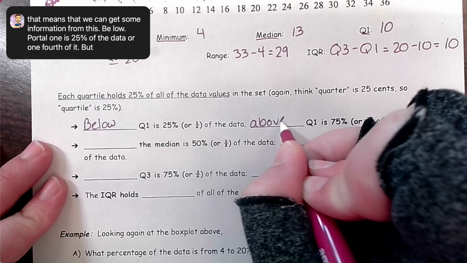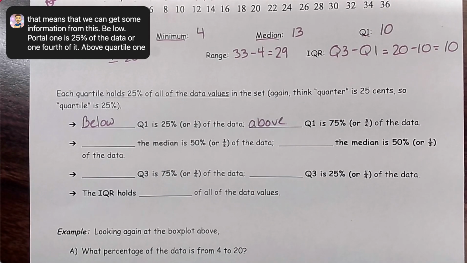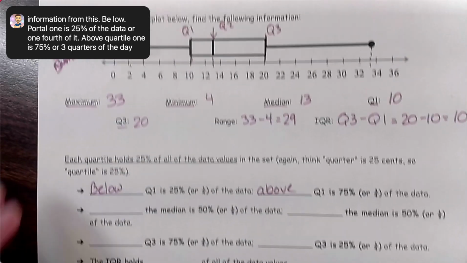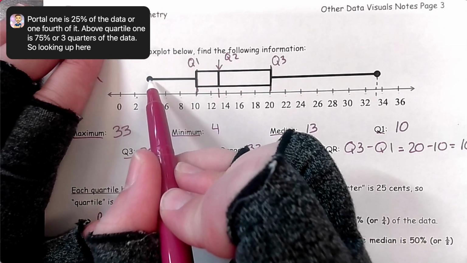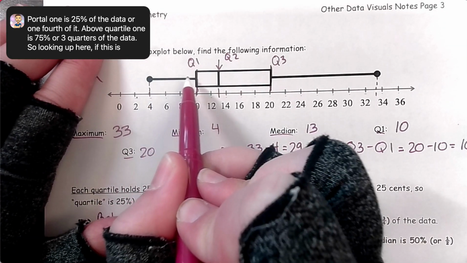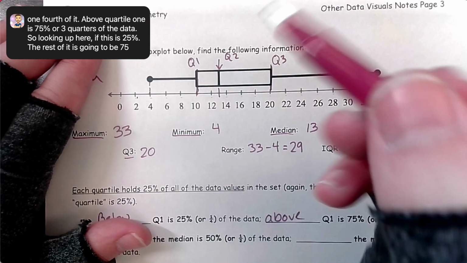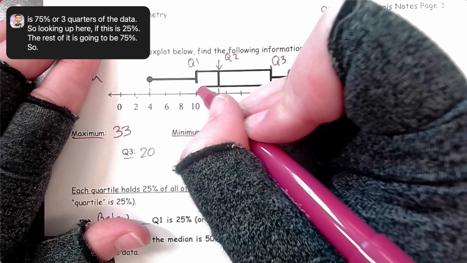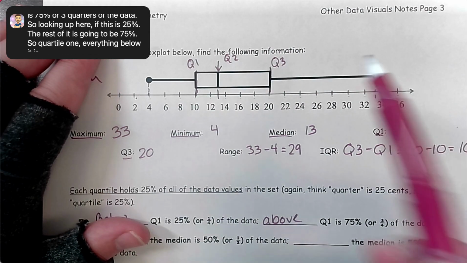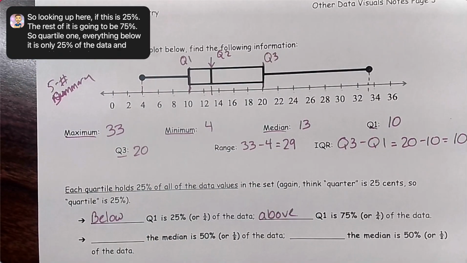Above quartile 1 is 75%, or 3/4 of the data. So looking up here, if this is 25%, the rest of it is going to be 75%. So quartile 1, everything below it is only 25% of the data, and everything above it is 75%.